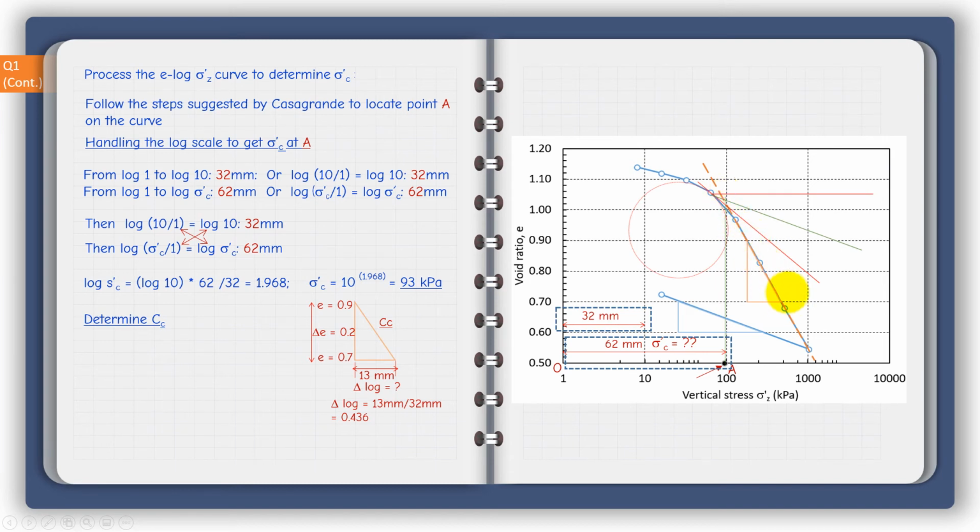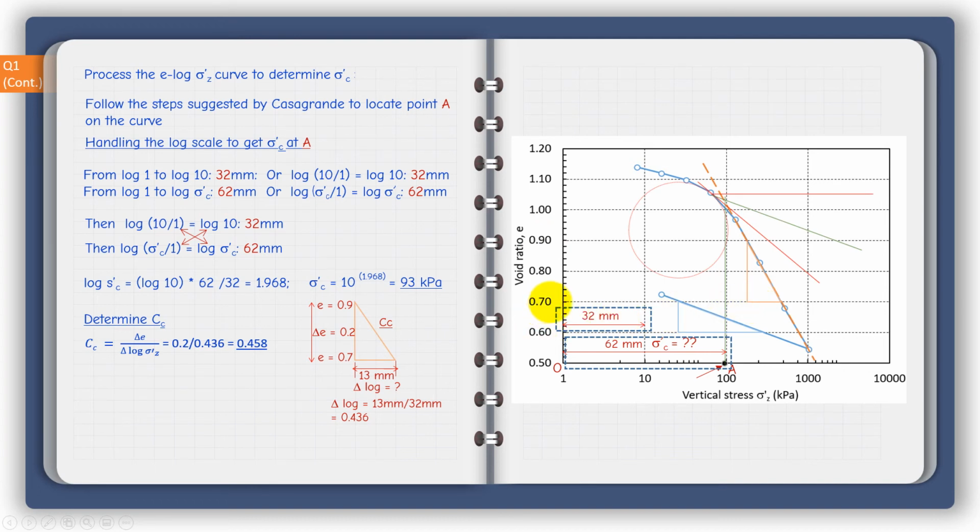First, to get this slope is basically delta e over delta log sigma dash Z, because the slope here is the vertical divided by the horizontal, which corresponds to this angle here. So we take this triangle outside, but we need to be smart. You see the first point I picked here corresponded to a value that I know of the void ratio, 0.9. Also this one here is 0.7.